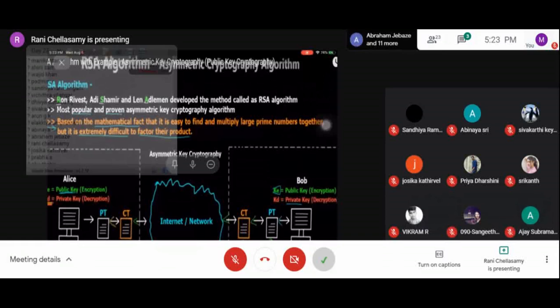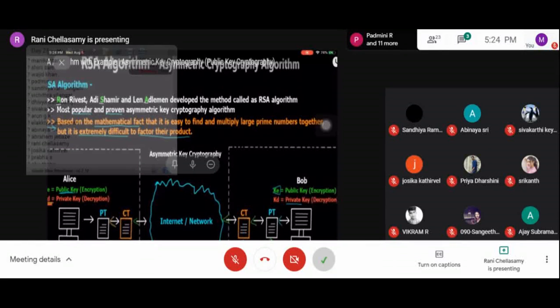Coming to the applications where we can apply the RSA algorithm: RSA has been used extensively in various applications, from Bluetooth, Mastercard, Visa, e-banking, e-communication, to e-commerce platforms.